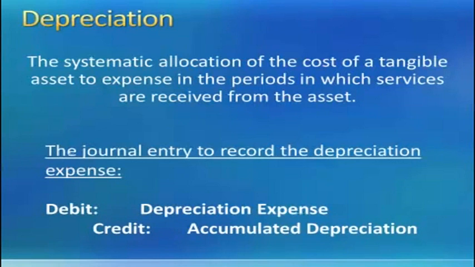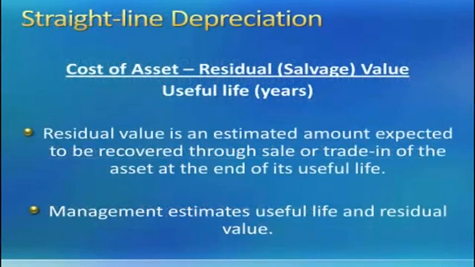The journal entry to record depreciation expense is always a debit to depreciation expense and a credit to accumulated depreciation. Accumulated depreciation is a contra asset account. Therefore, this journal entry will reduce the book value of the asset and increase the expense.